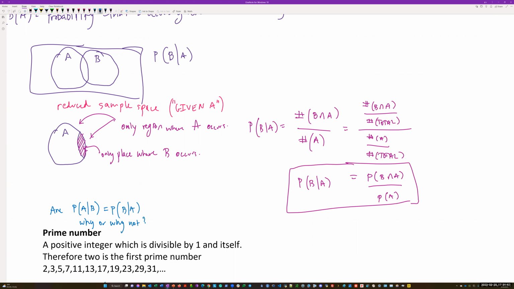What's the probability B happens given A happens? So in both situations, they will happen. Yeah, they do both happen, but does that mean they're going to happen at the same rate? So why are you saying yes, or why are you saying no, excuse me?